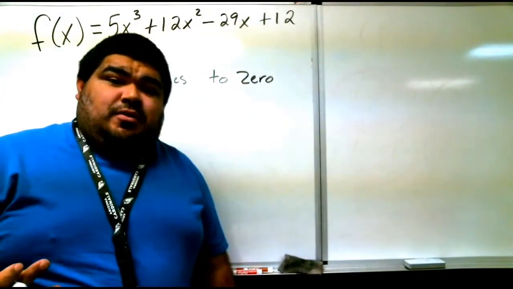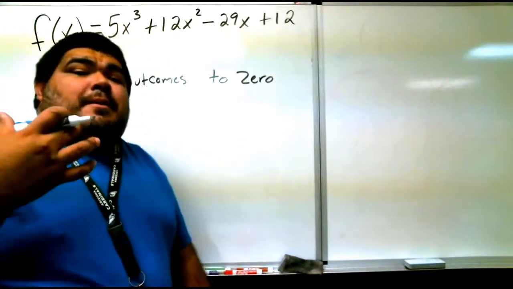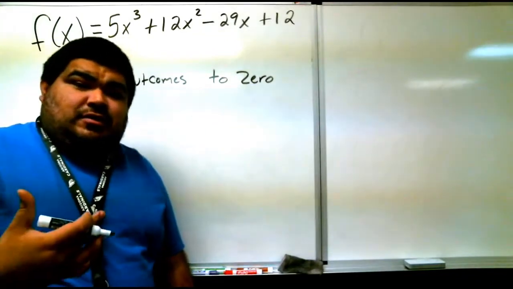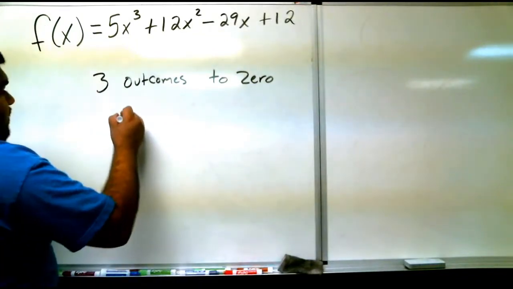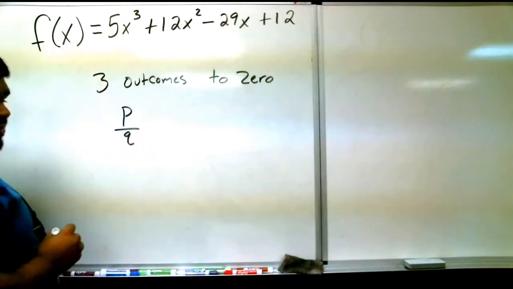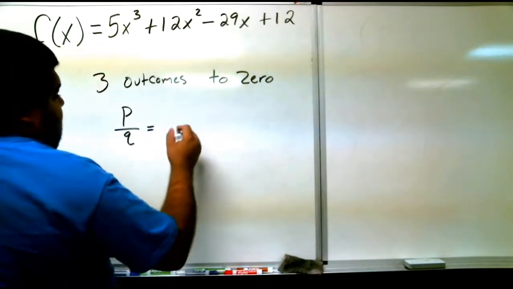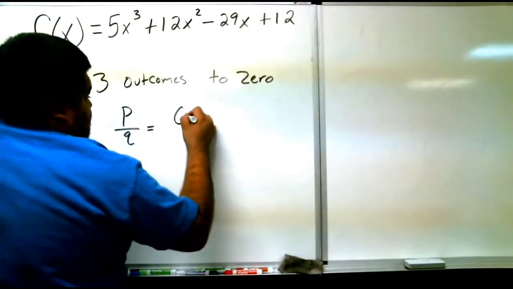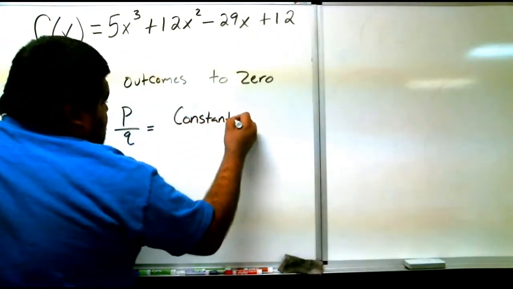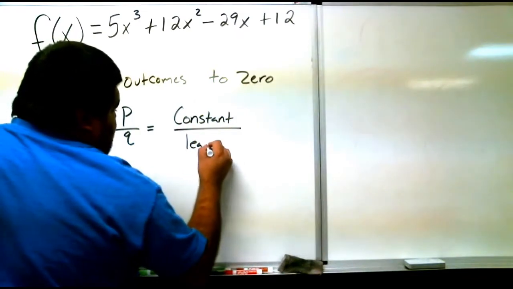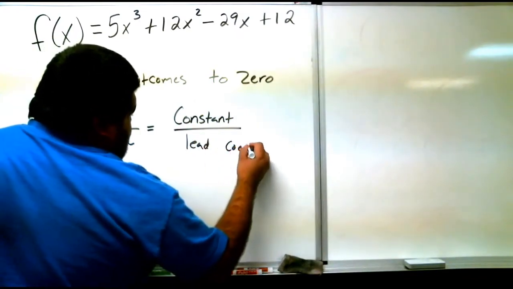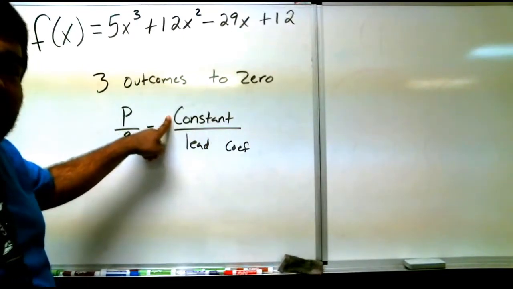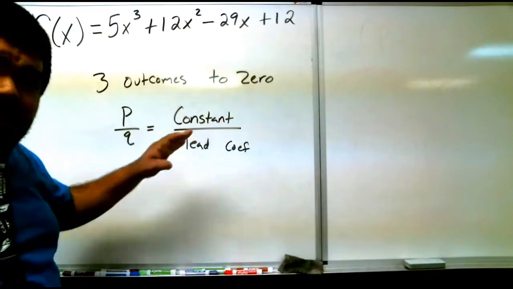We also know that in order to set up your synthetic division, we have to know the equation P over Q, or also known as your constant over leading coefficient. In order to set it up, we really need to know this one mostly.